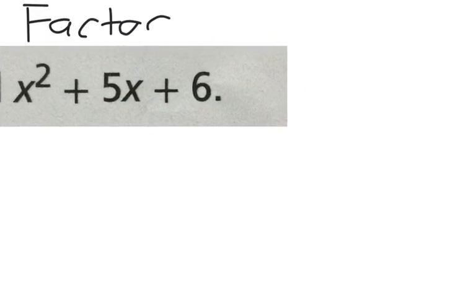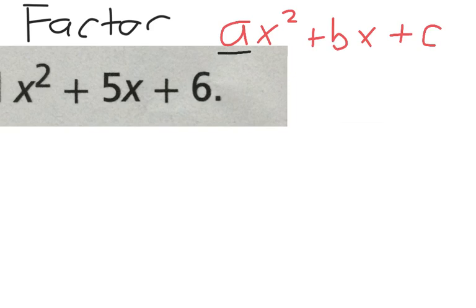Okay, so here is how we're going to factor it. This quadratic is in the form ax squared plus bx plus c. A is the coefficient in front of the x squared term. Right? A is my leading coefficient.